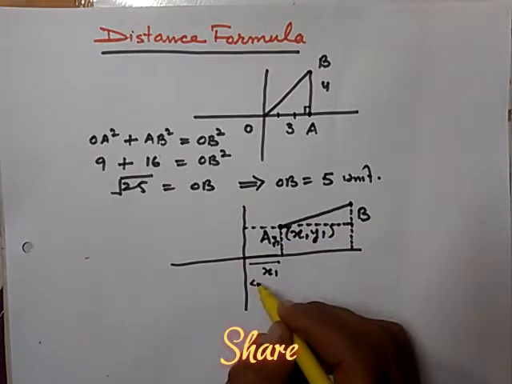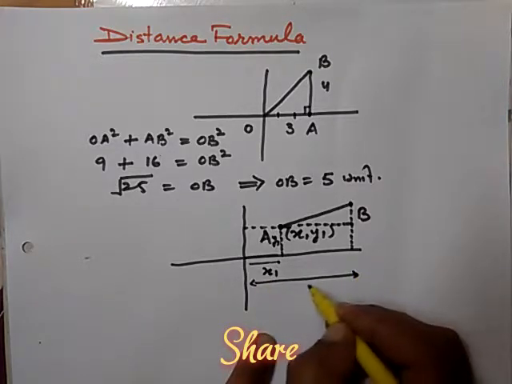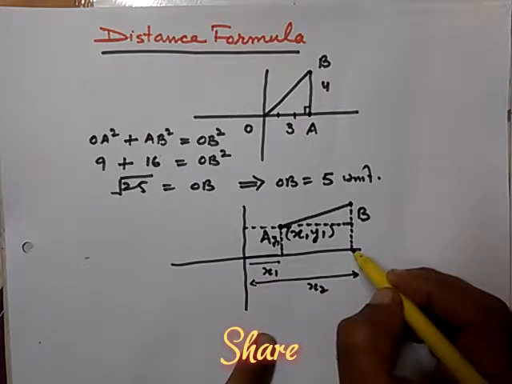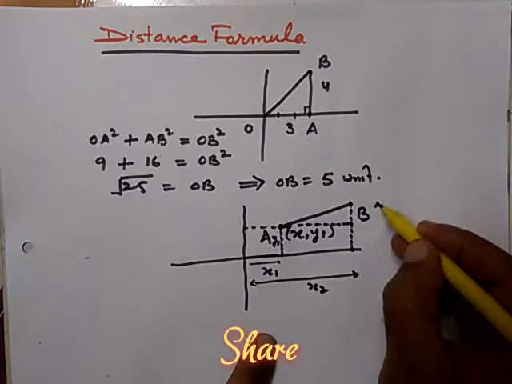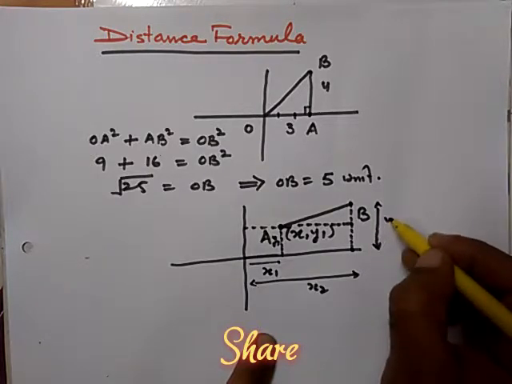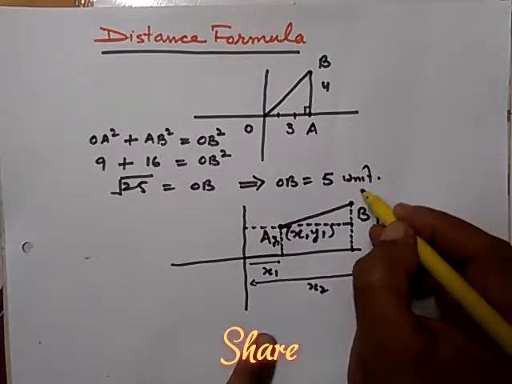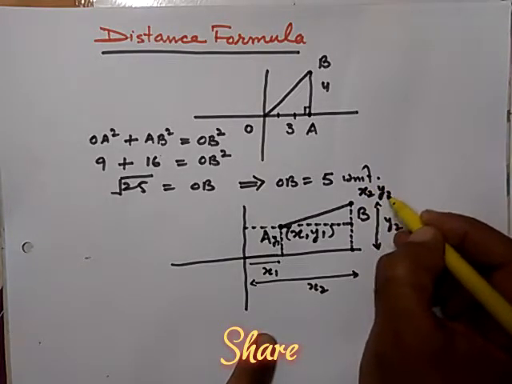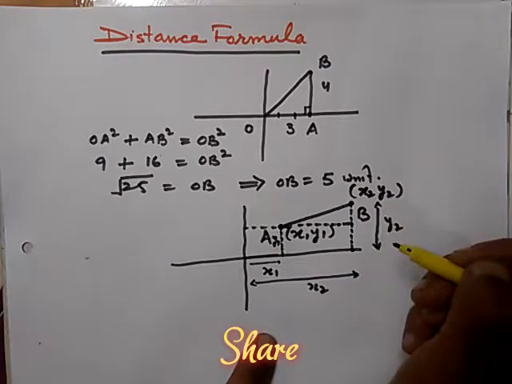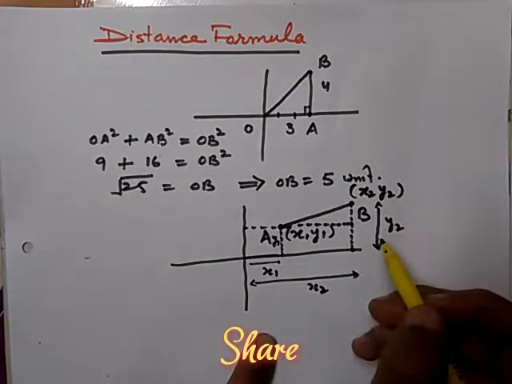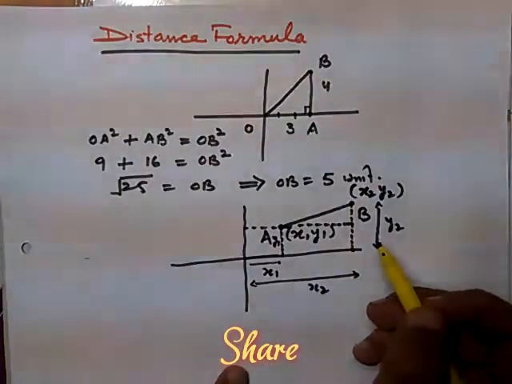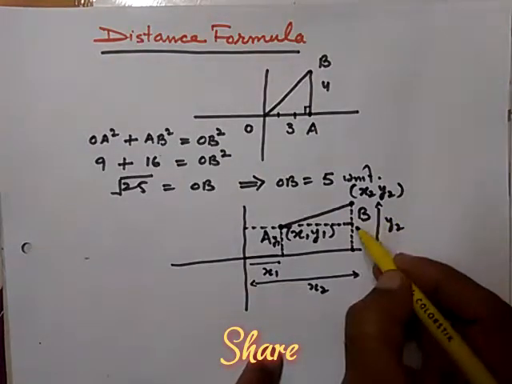Similarly, say this distance is x2 and this height from here to here is y2, hence the coordinates of point B are x2, y2. Now if you want to apply the Pythagoras theorem, you can apply it easily.